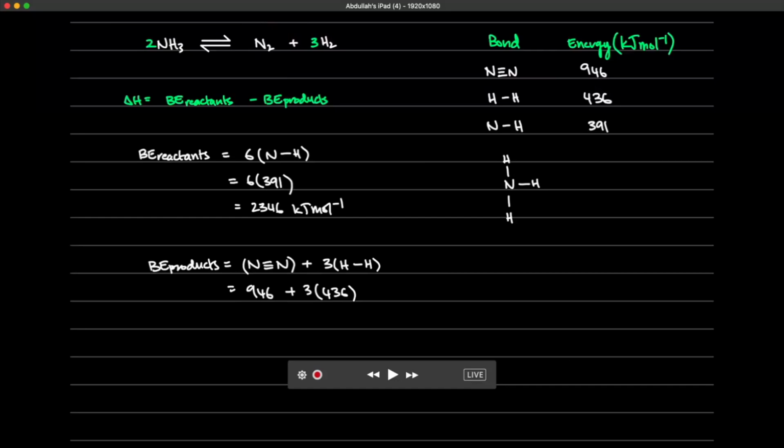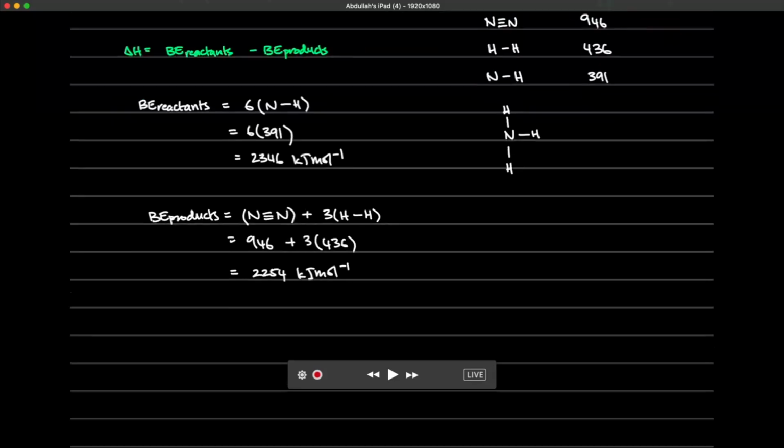946 plus 3 times 436. So that gives you 2254, right, 2254 kilojoules per mole. Right? So then our delta H is bond energy of reactants minus bond energy of products, right?